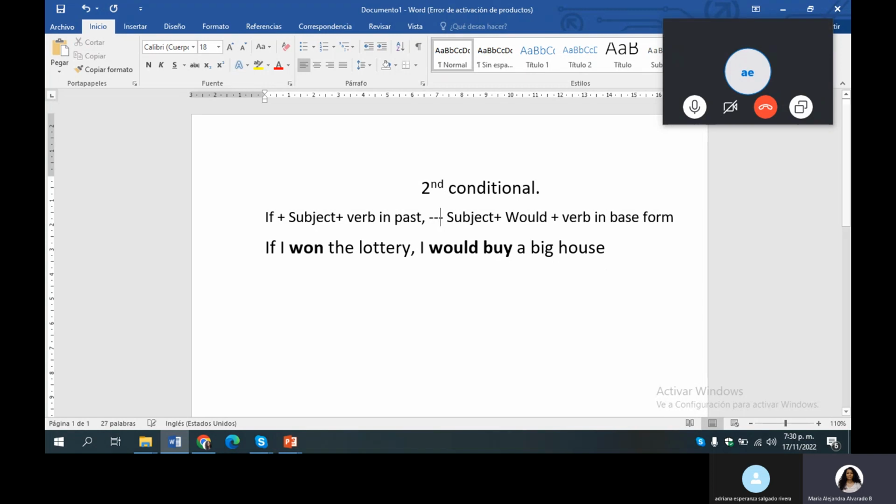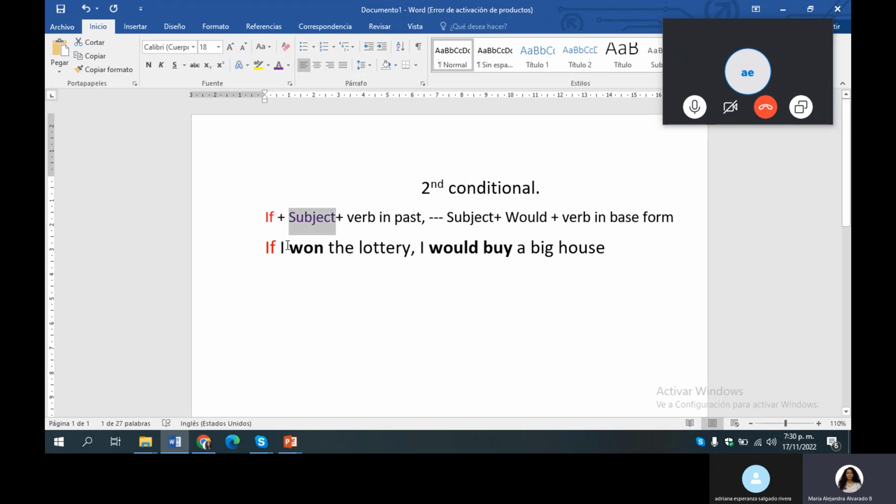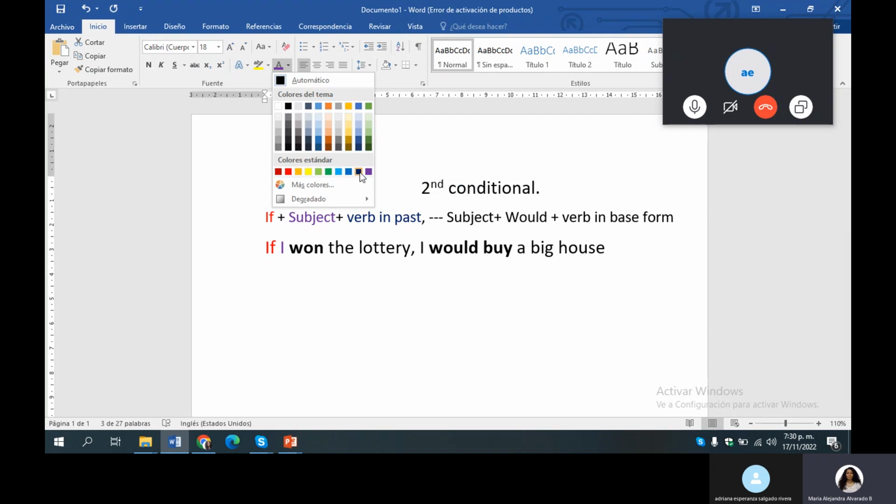So as you can see here, this is the second conditional. Here we have if, right? If, which is the conditional. We have the subject, which is the person who does or did the action. And we have the verb in past, in simple past. Let's put in this column.